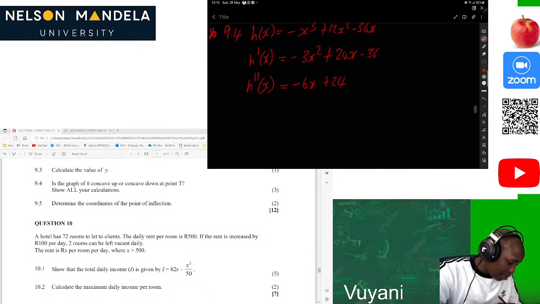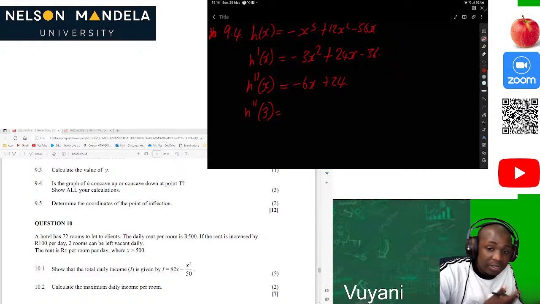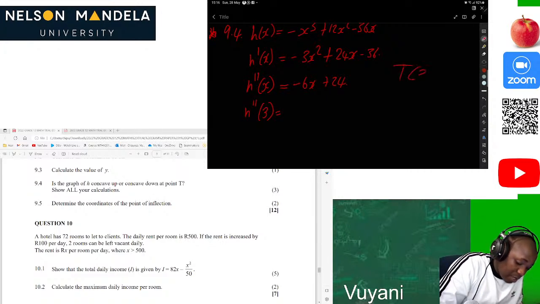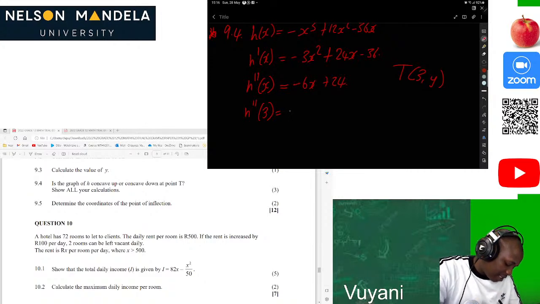Then we know that, let's just say h double prime of 3, because we are already given the point we are looking at. So at h double prime of 3, let's check if we have a positive or negative number there.